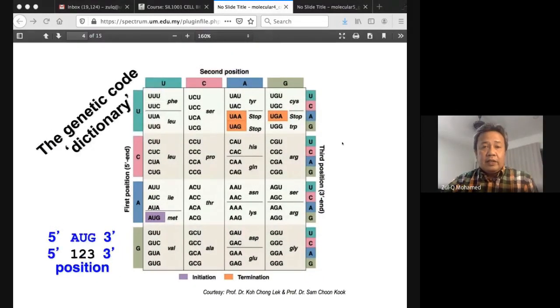In textbooks, in most places, the way they present the genetic code is almost the same. It's always UCAG, UCAG, and then the third one is UCAG. It's always like that.